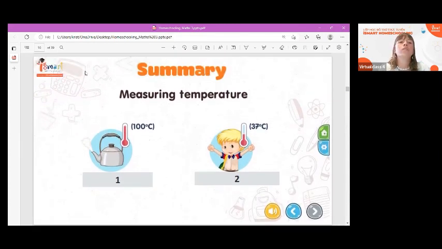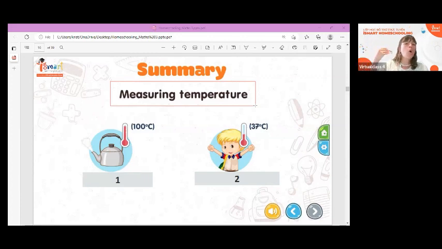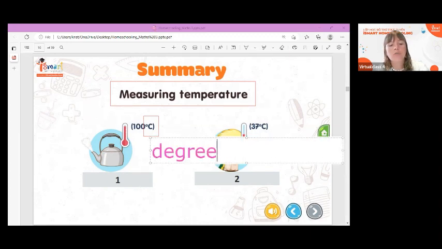All right, so the next one we have is measuring temperature. This means how hot or how cold. All right, so when we see this over here, this tells us we are measuring in degrees.